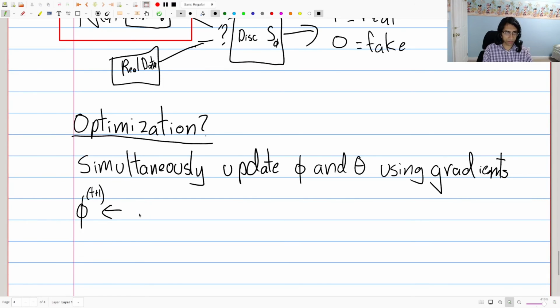This is going to become phi of t plus some learning rate eta, and we'll in fact let the learning rate eta be different for both the phi and the theta player, so to speak.